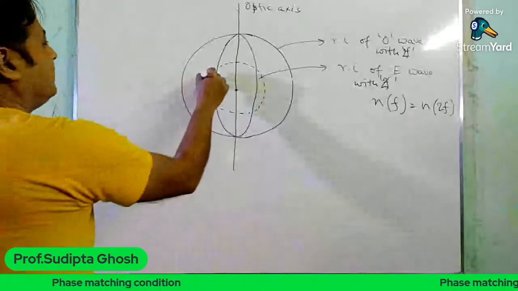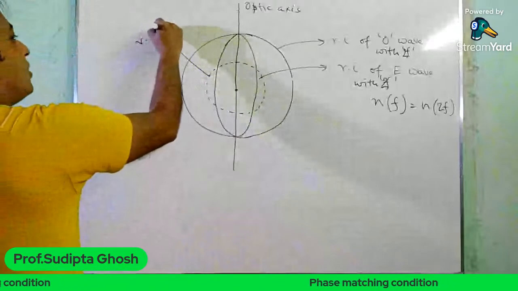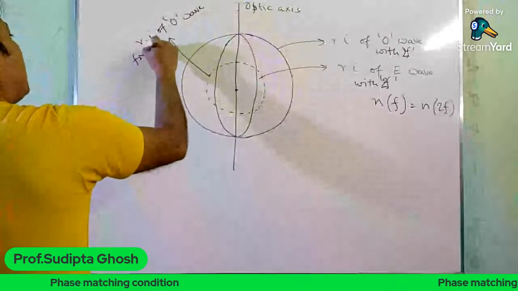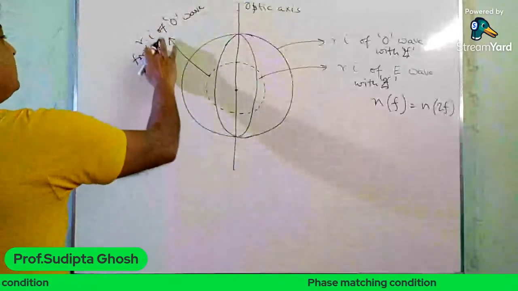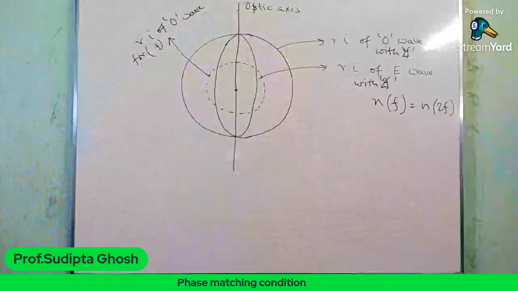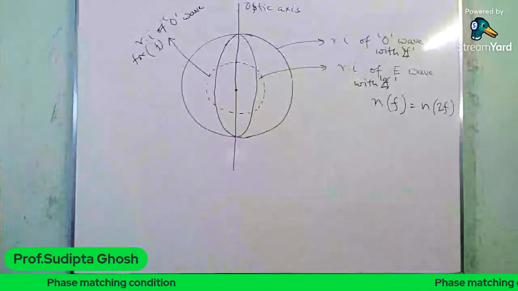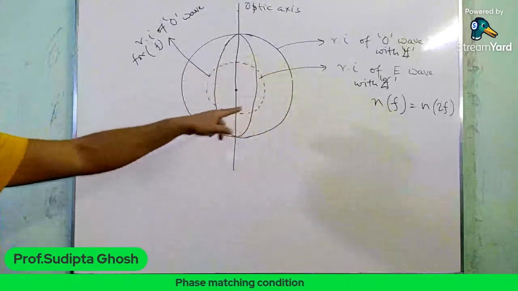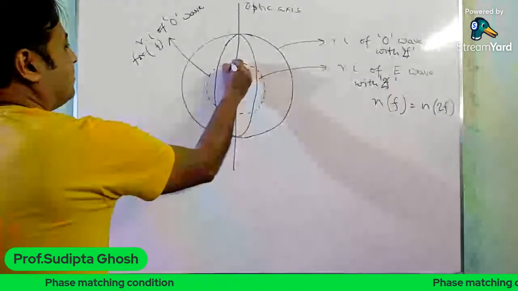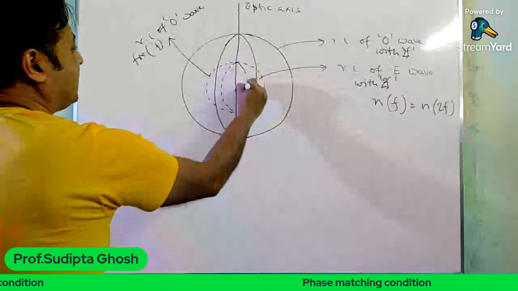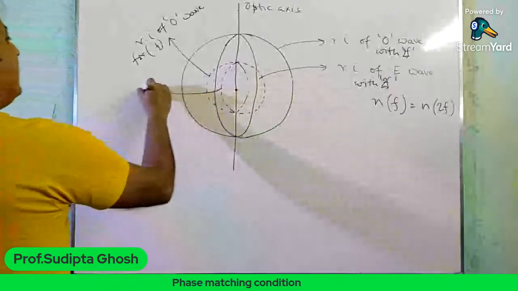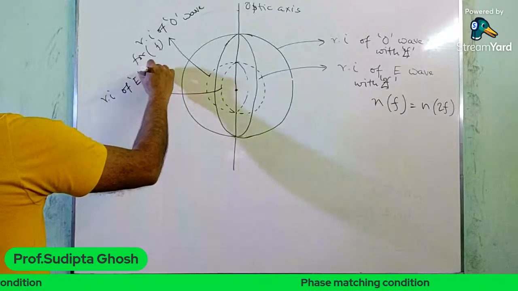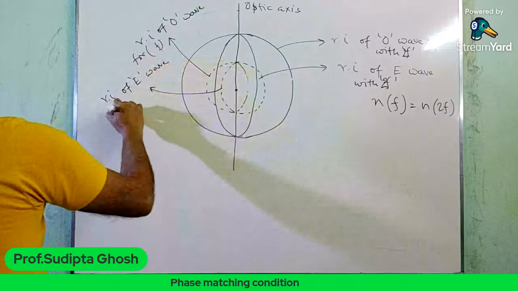So this dotted line is the refractive index of the ordinary wave for frequency F. So the dotted line depicts here the refractive index variation for the ordinary wave but with the frequency F. And now this is the ellipsoid, and this will be the refractive index variation of the extraordinary wave for frequency F.